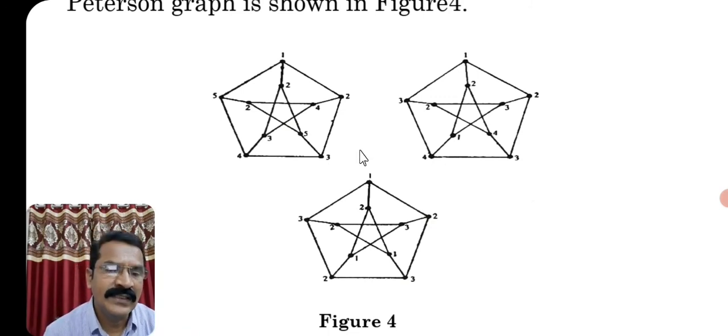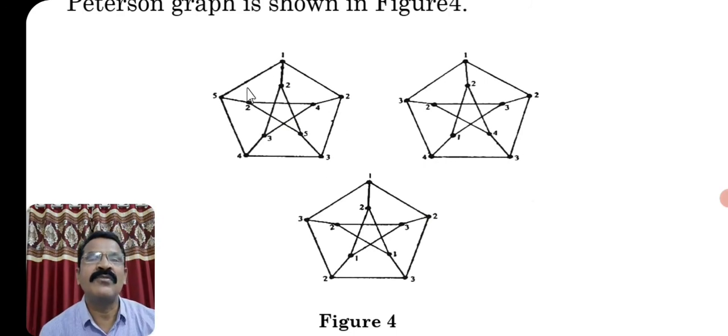The first graph uses 5 colors, we have used 4 colors for the second graph, and we have used 3 colors for the third graph. Same graph, but this is 5 coloring, this is 4 coloring, and this is 3 coloring.